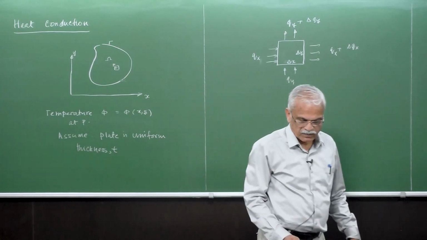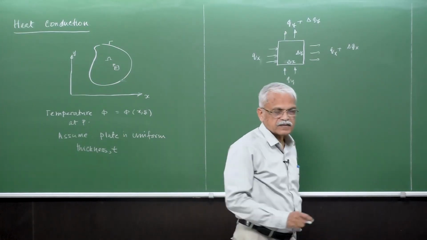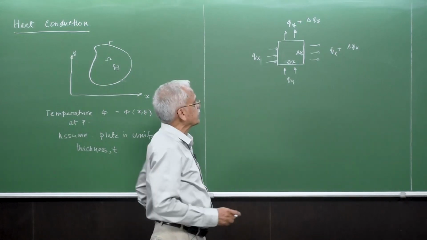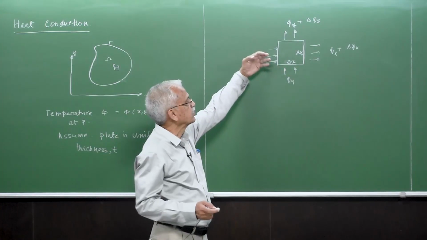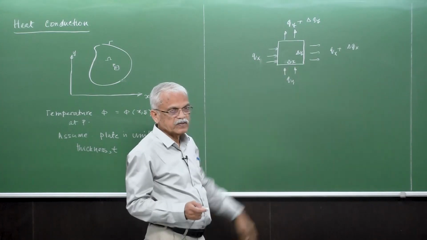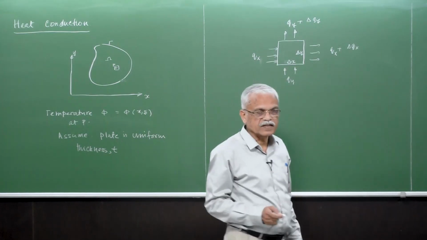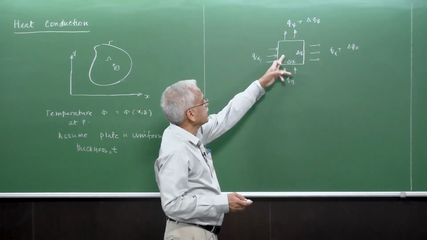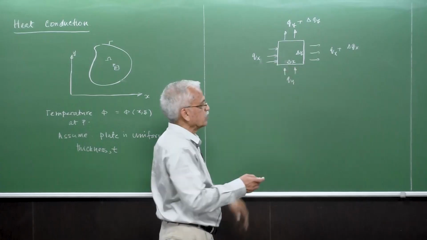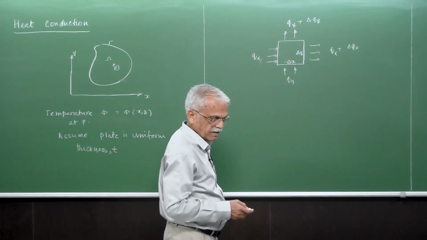And then apart from this, we also have some heat coming from inside. Imagine that there are some electrical conductors embedded here, which take the heat energy from the electric current flowing, and that may be input into this.